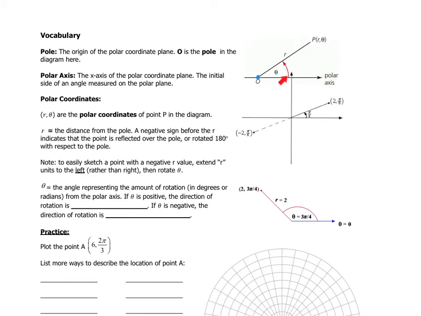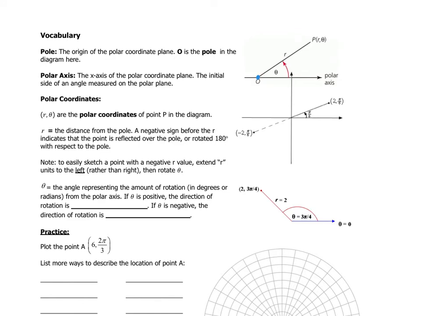And then we have polar coordinates. We're labeling two things: the distance from the pole and the amount of rotation. So a polar coordinate is designated as (r, θ) of this point P. r indicates the distance from the pole, so it's the length of this segment right here that I'm highlighting.